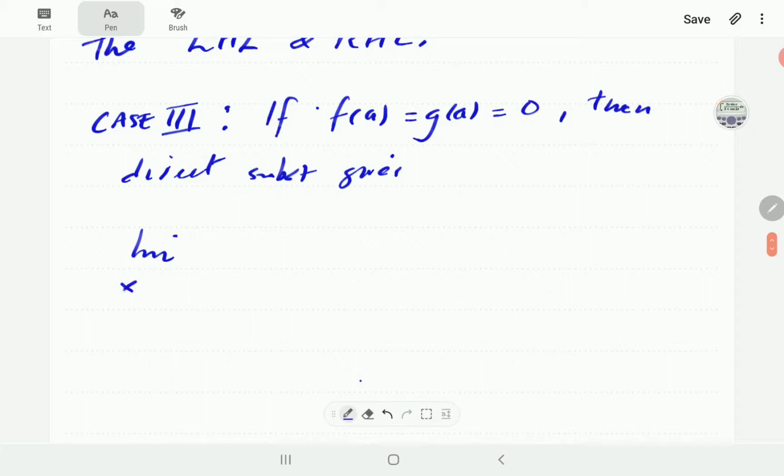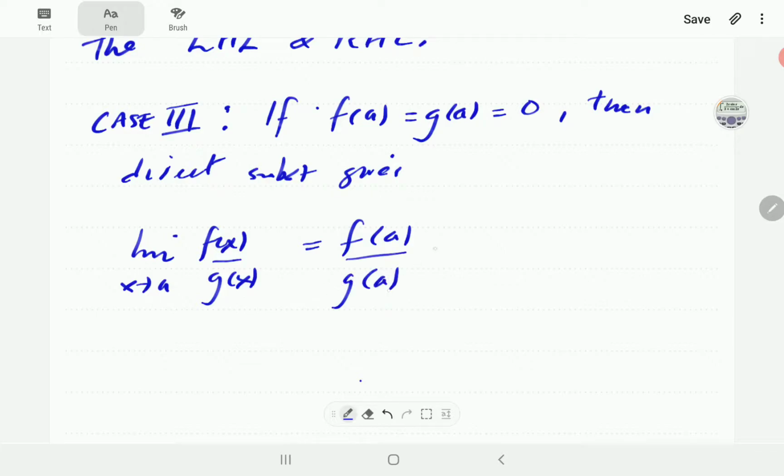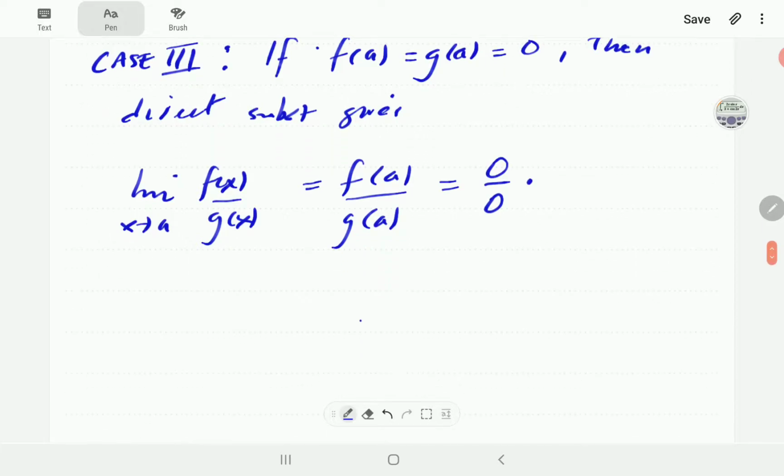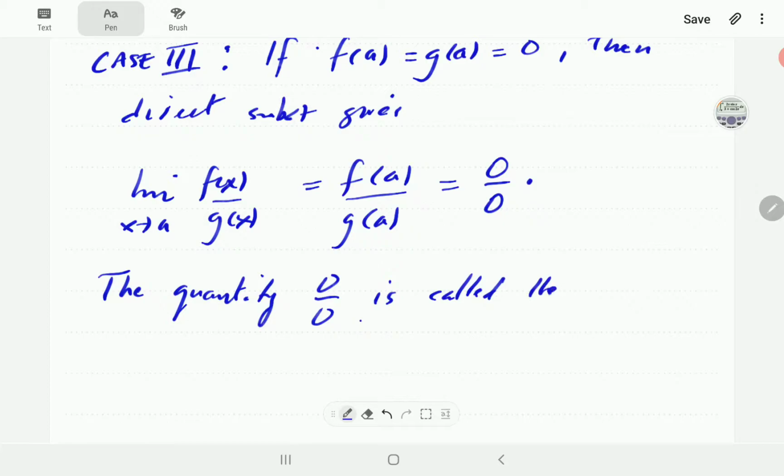The limit of f of x over g of x is going to be equal to f of a over g of a, which is going to be equal to 0 over 0. The quantity 0 over 0 is called the indeterminate form.